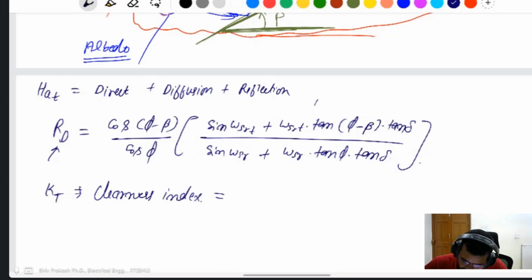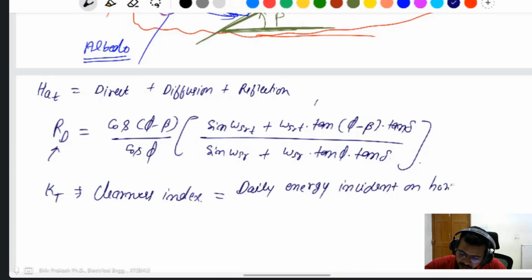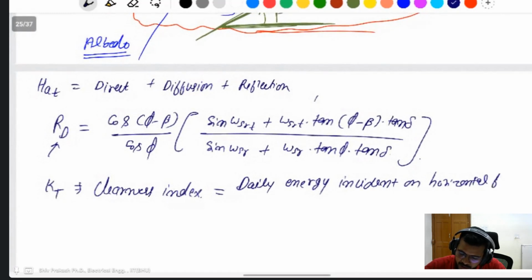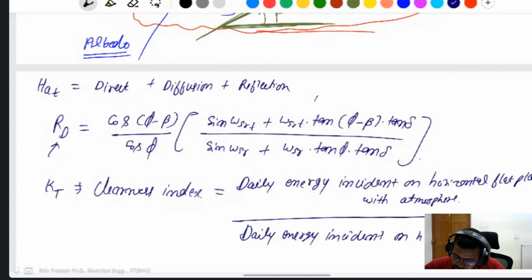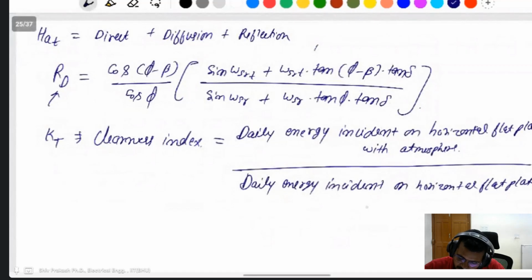It will be defined as the daily energy incident on a horizontal plate with atmospheric conditions, compared to the daily energy incident on the plate without atmosphere.